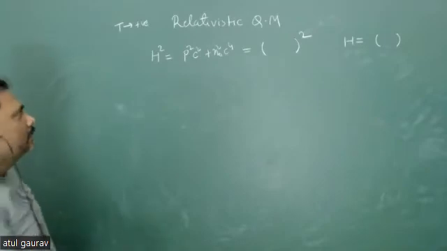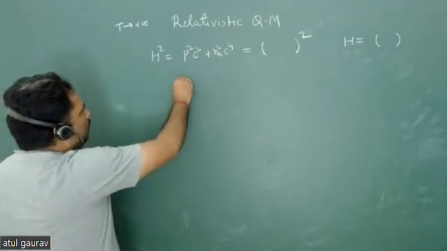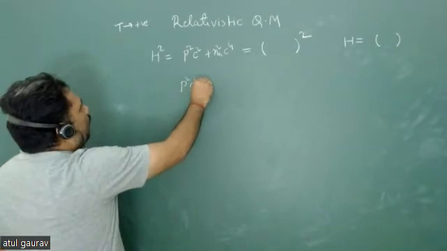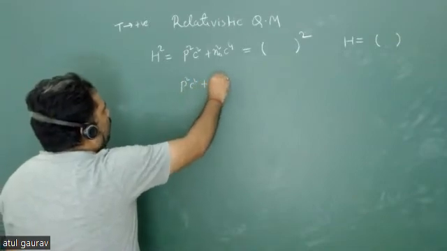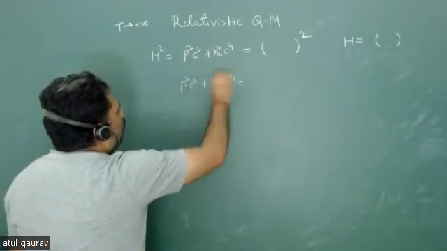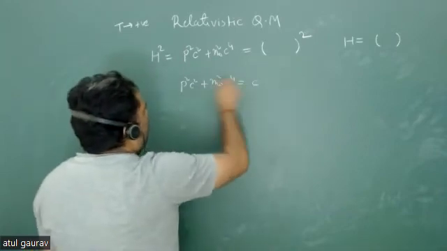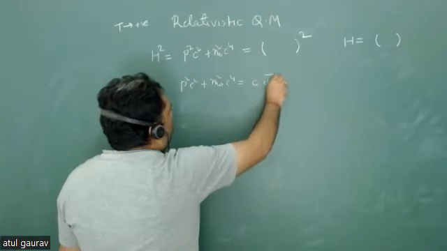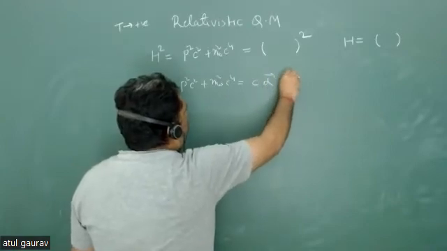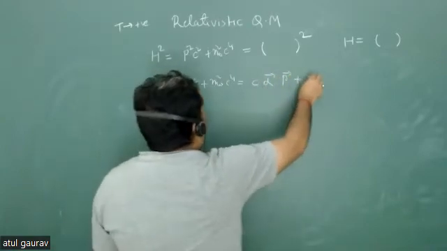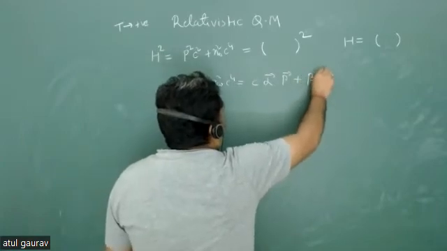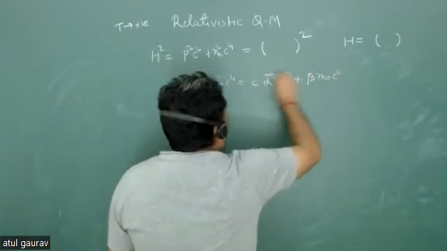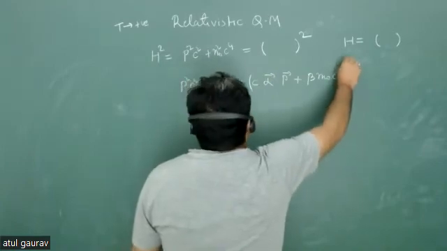So what he does, he takes this classical Hamiltonian, and obviously he writes m naught c to the power 4, hence p is some vector quantity. He takes some vector alpha dot p plus beta m naught c square, whole square.